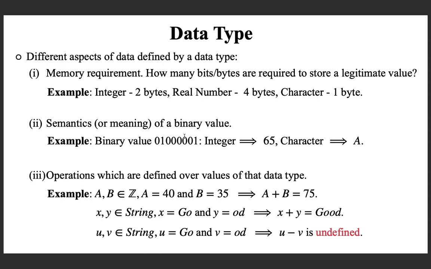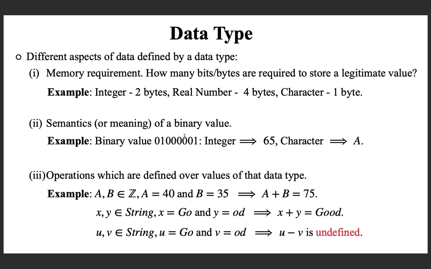And when you learn about computer organization and architecture or microprocessors, you can see that if you perform addition on integers and addition on real numbers, these are actually performed using different hardware circuits.